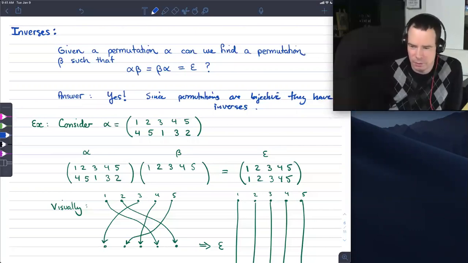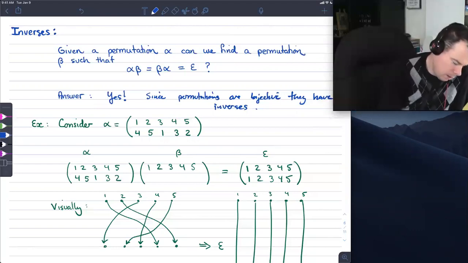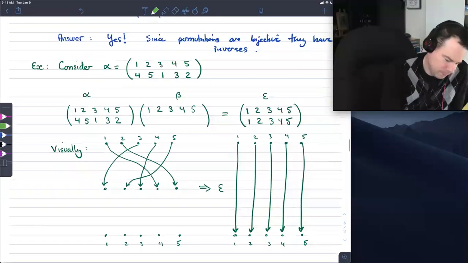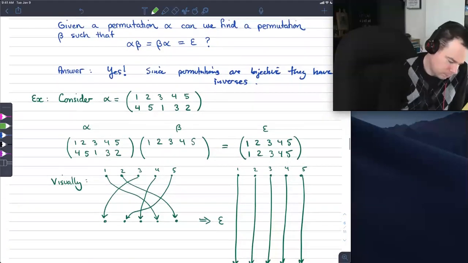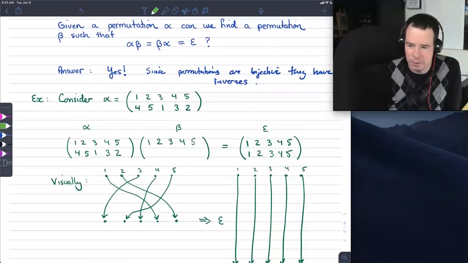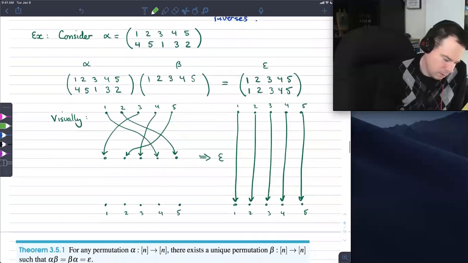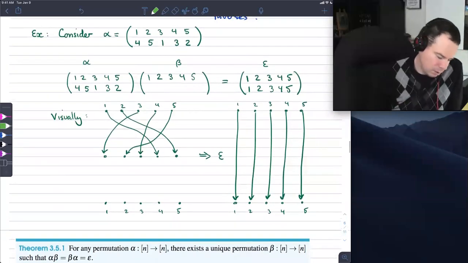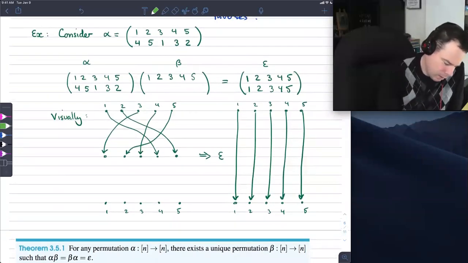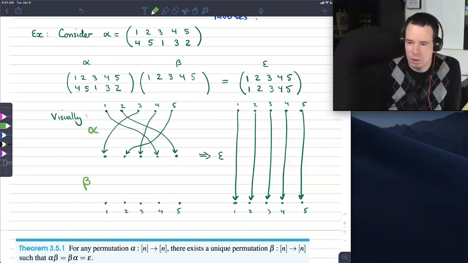So if I consider alpha, 1 goes to 4, 2 to 5, 3 to 1, 4 goes to 3, and 5 goes to 2. And I want to find a permutation that undoes what alpha does, then what I need to do is, if this is alpha here, find a permutation beta that just undoes it.